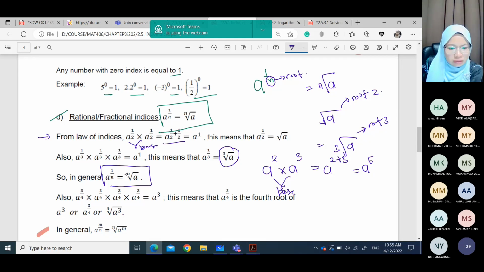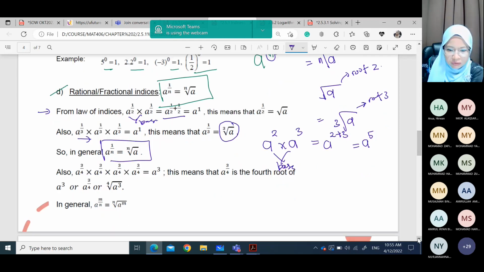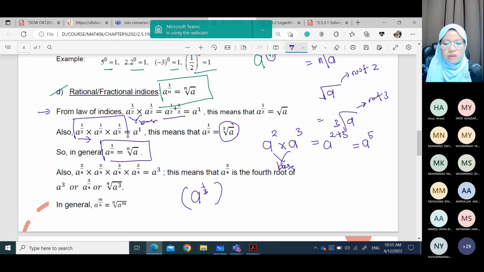Okay, so maksud dia yang ini adalah, bila kita sebut A kuasa 1/3. So kalau you tengok dekat sini, darab 3 kali, betul? So A to the power of 1 over 3, power of 3, 3 kali.